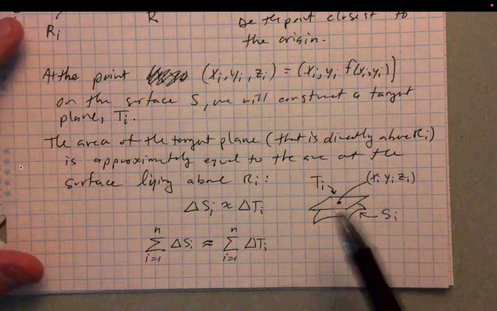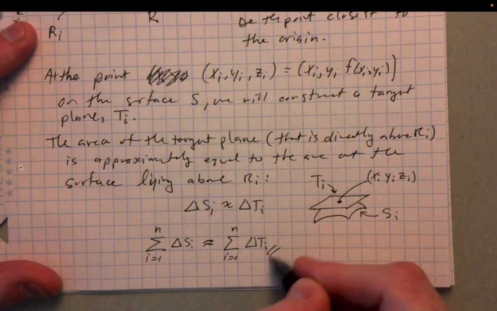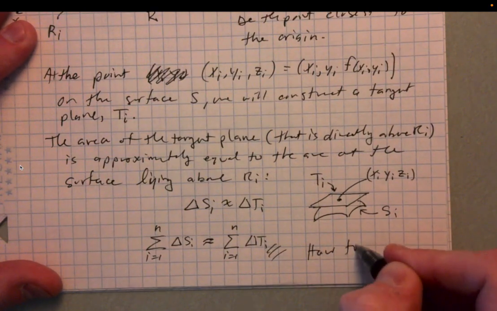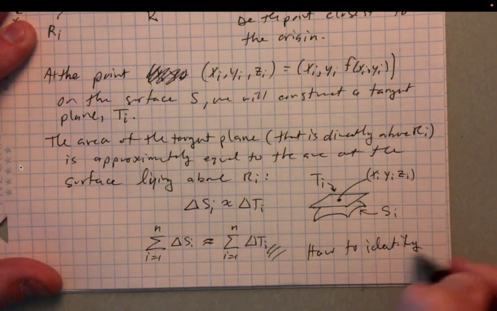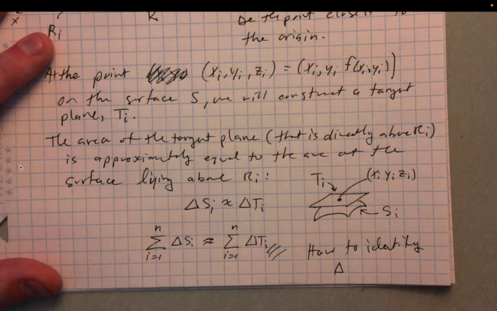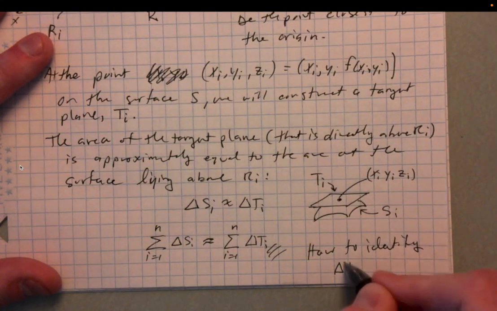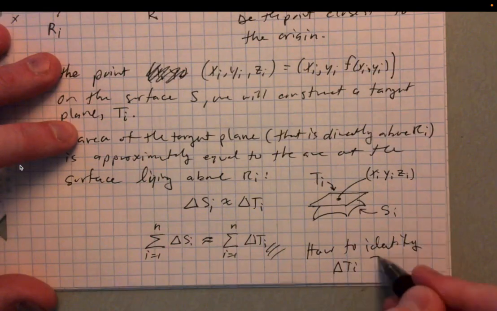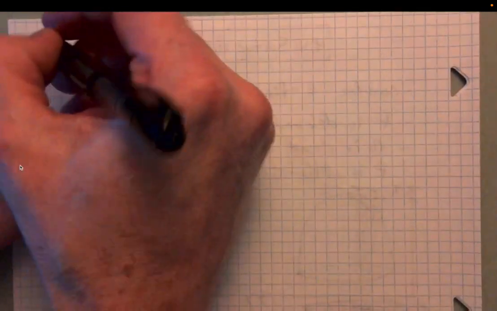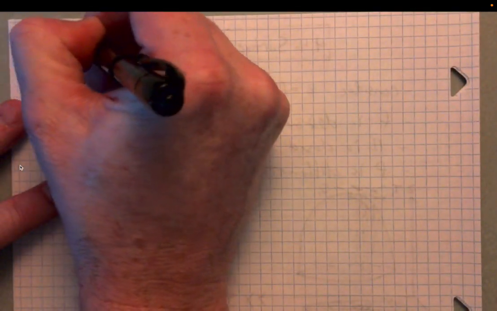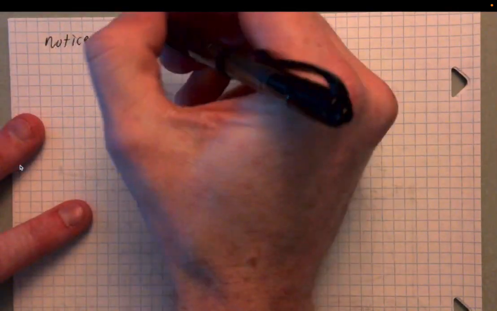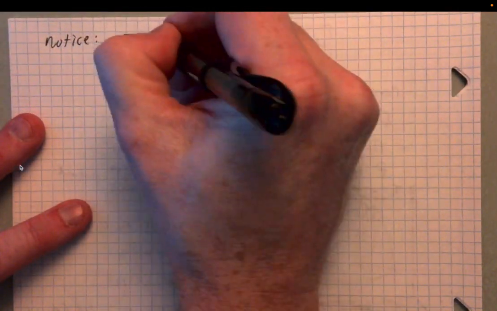Okay, so how are we going to identify the area of Ti? Well, a couple of things to notice here. First, notice that Ti is a parallelogram.